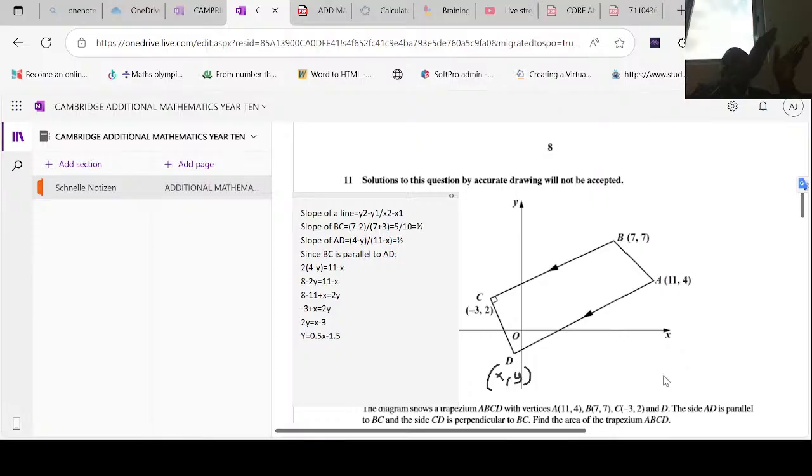We need to find the height of the trapezium, because we can't actually know exactly what x and y are even with this equation. The only way we can know is if we're given where AD passes through.